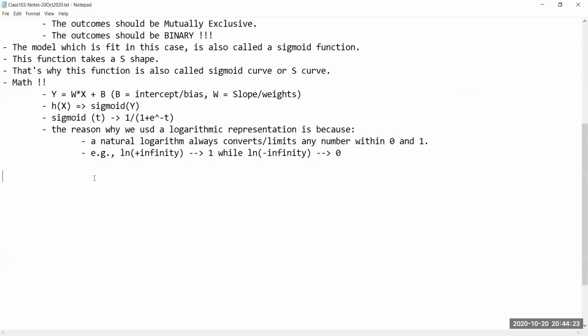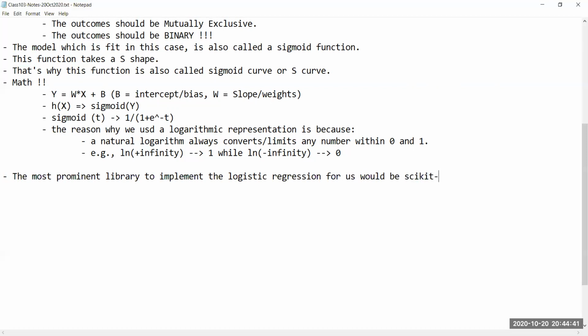So obviously, in our case, the most prominent library to implement logistic regression would be sklearn or scikit-learn, right?